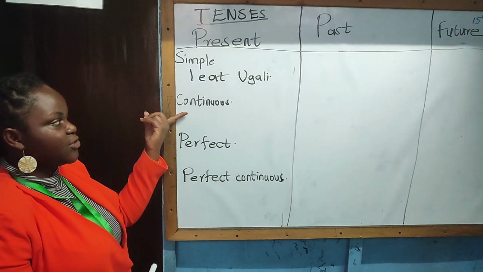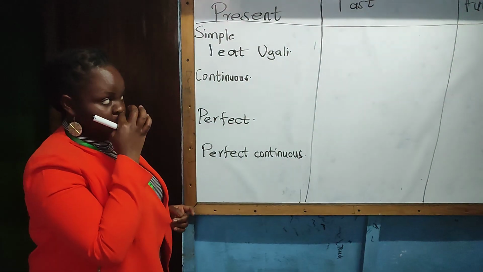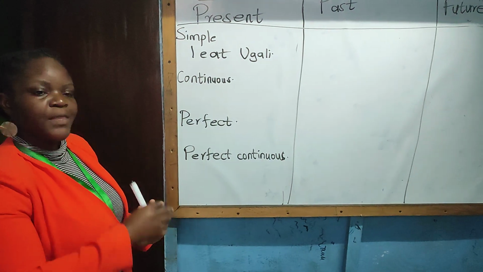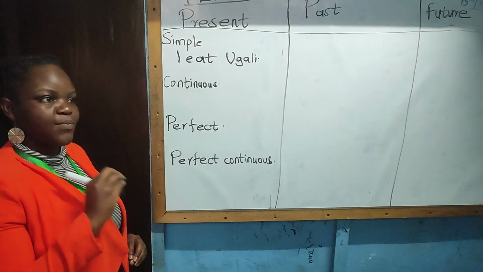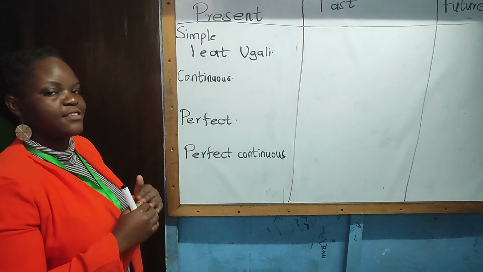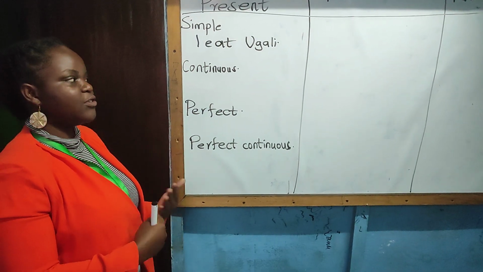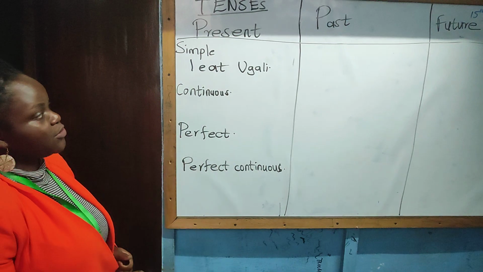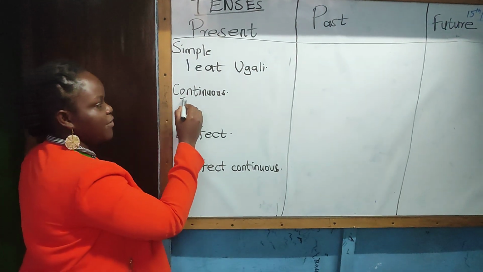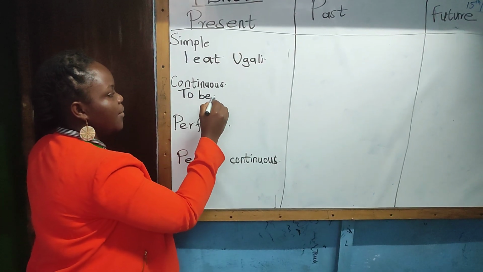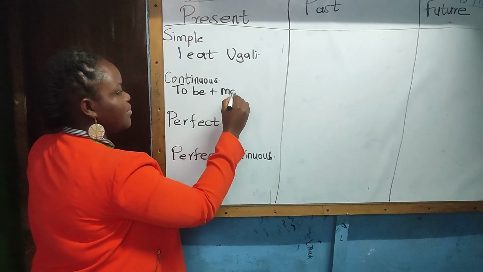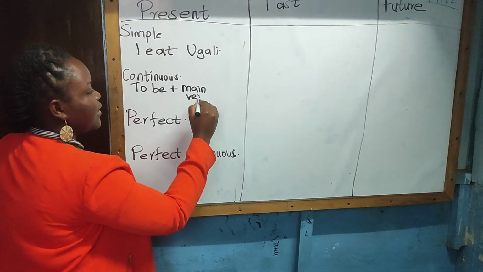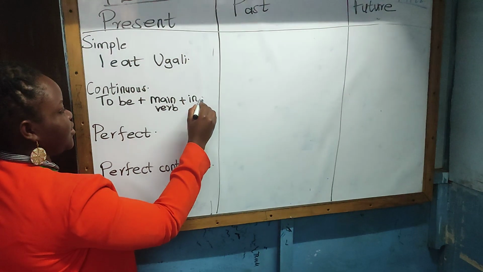Then, present continuous tense is used when you want to describe an action that is taking place right now, but it is in motion, it is continuing. So how do we form present continuous? We form present continuous when we have the verb to be plus the main verb, then plus ing.